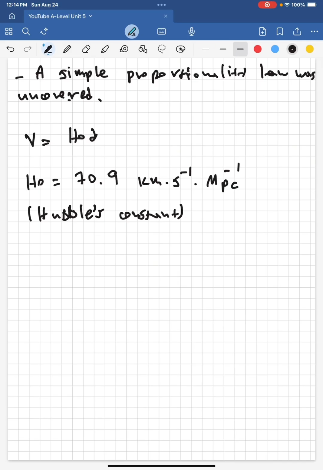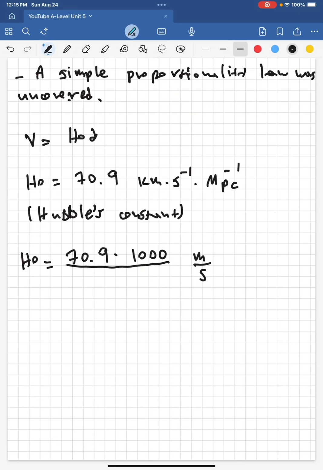If we want to turn this constant into SI units, let me show you something. We have 70.9 kilometers, so we multiply by 1000 meters, and seconds remain as they are, and then we have megaparsecs in the denominator.